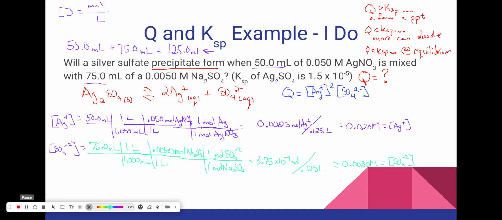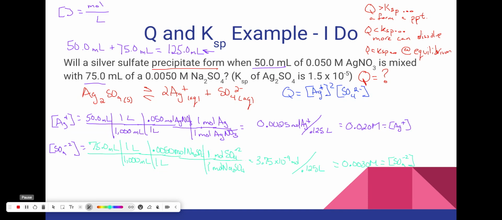That's why those numbers are different. But nonetheless, the stoichiometry appears the same: we first went from milliliters to liters, liters to moles, and then moles to moles. Finally, at the end, we divide by the new total volume, which is 0.125 liters. And now we have our concentrations of silver and sulfate, respectively.